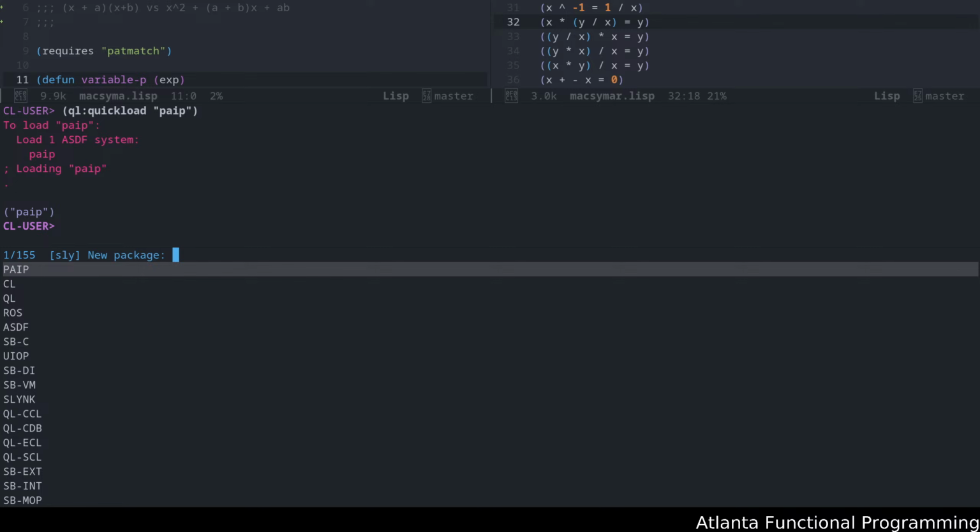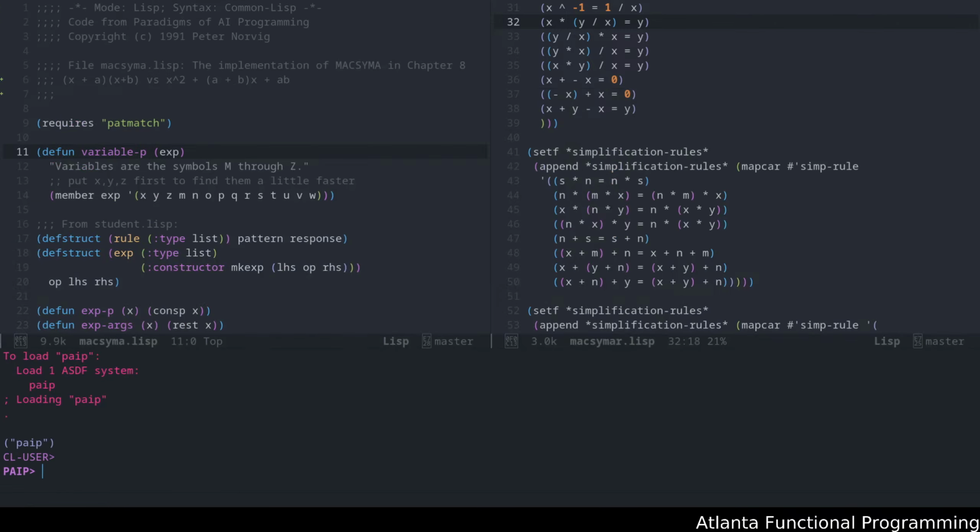Set package to being PAIP. Requires Macsyma R with the rules. Okay, now let's see what happens. Ooh, there's still an issue. Okay, so it isn't just me.